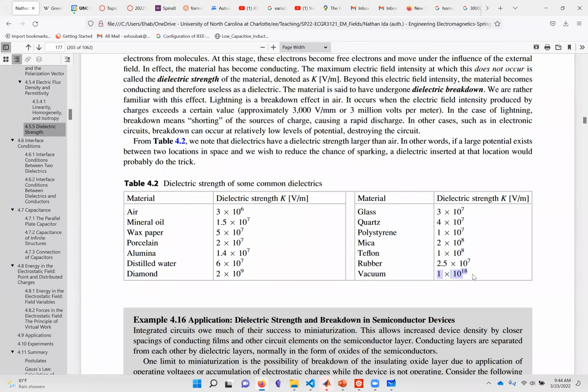This is due to the more advanced quantum theory. The vacuum is really not actually vacuum. It has stuff in it. But notice it's very large, like 10 to the power 18, about 12 orders of magnitude more than air. So it's going to take a stupendous amount of electric field to break the vacuum, but it is possible, not due to classical effects, but due to quantum mechanical effects.